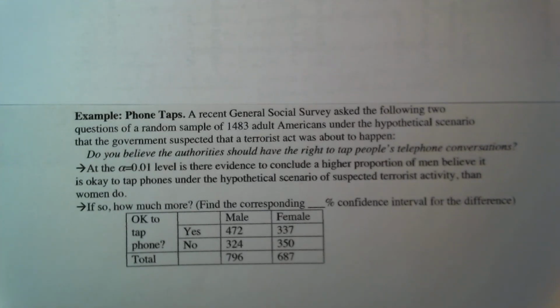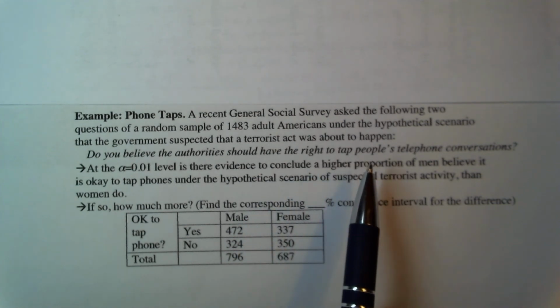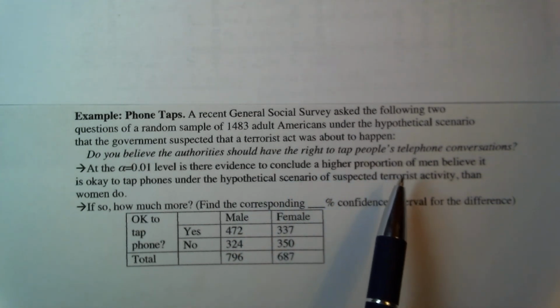The next example is about phone taps. A recent gender social survey asked the following two questions of a random sample of 1,483 adult Americans under the hypothetical scenario that the government suspected that a terrorist act was about to happen. Do you believe the authorities should have the right to tap people's telephone conversations?